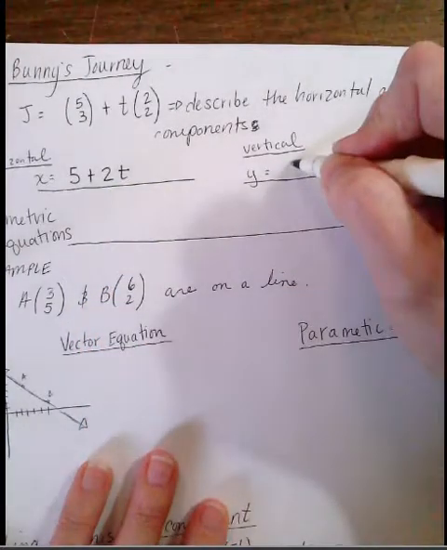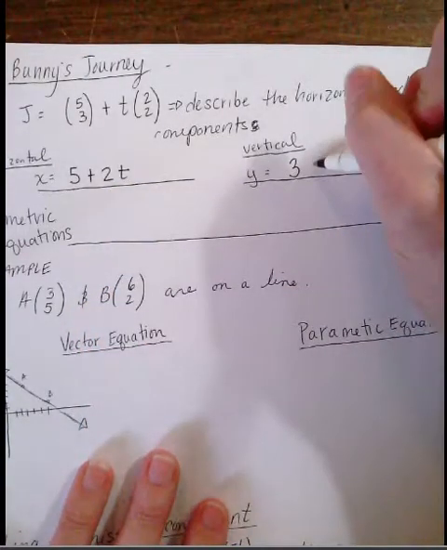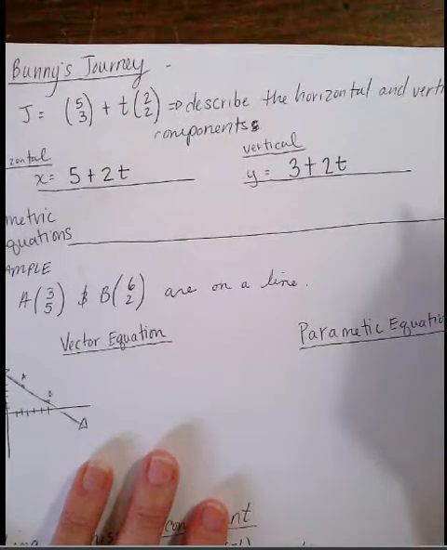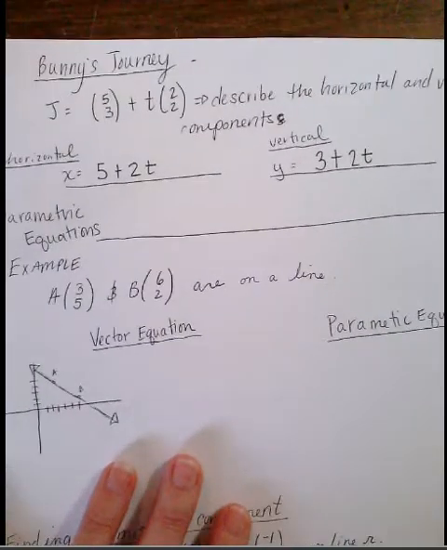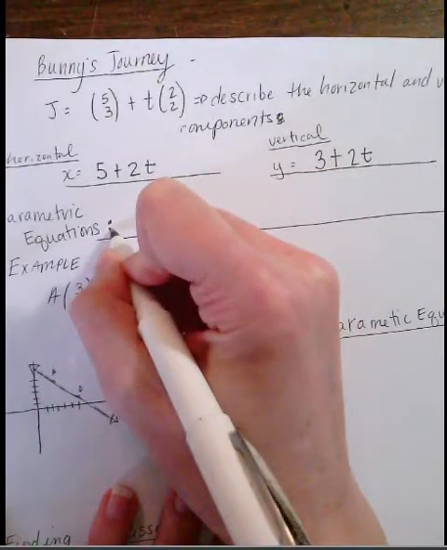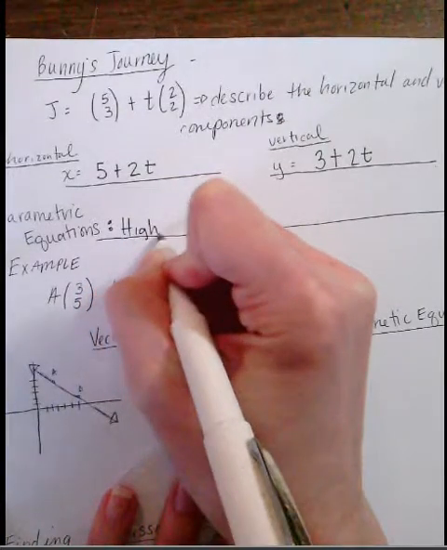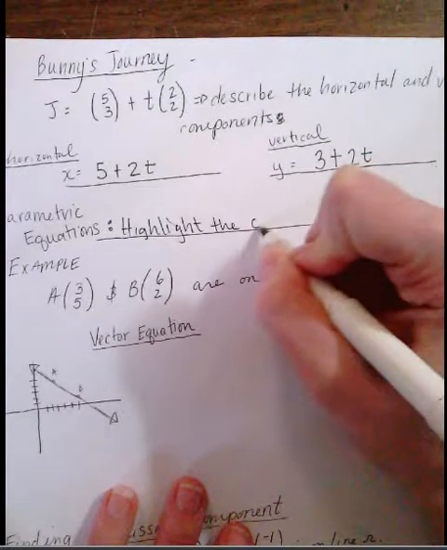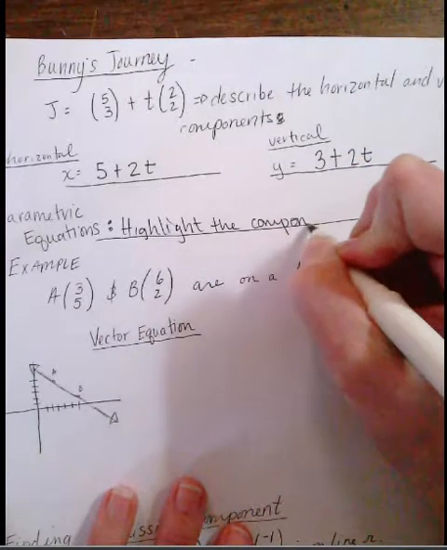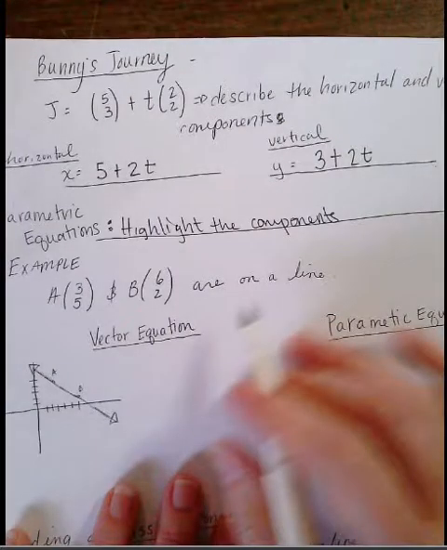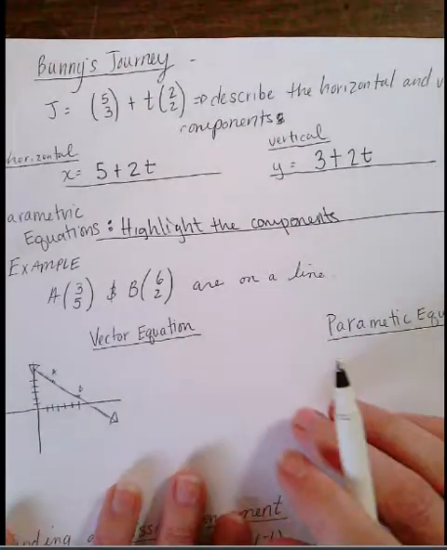Correspondingly, she started at 3 for our y, and she moved 2 every step of time as well. We call these parametric equations, and parametric equations highlight the components. Instead of the whole pathway, they just highlight the x components or the y components of the pathway.